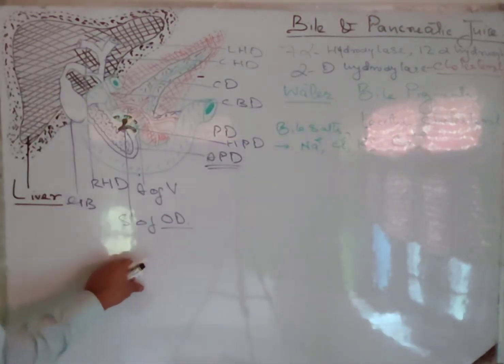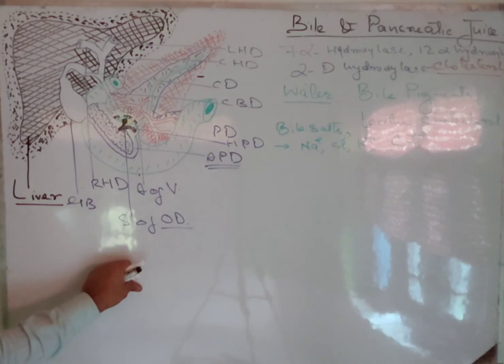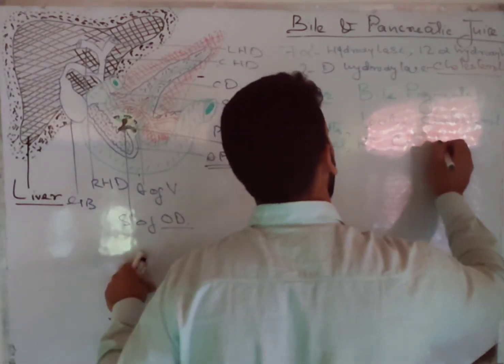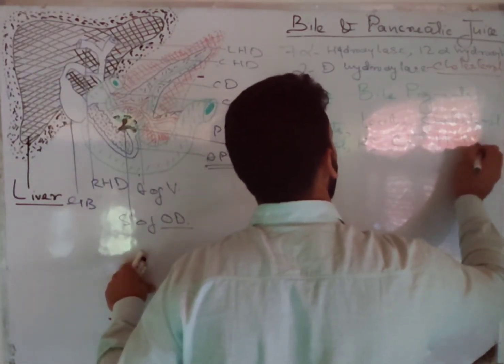These are the ionic constituents present in your bile, and carbonate ions.